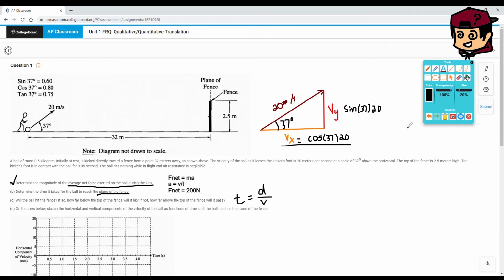Our Vx here should be around 16 meters per second. And so that gives us an approximate time, because we know the distance, right? Around 2 seconds.